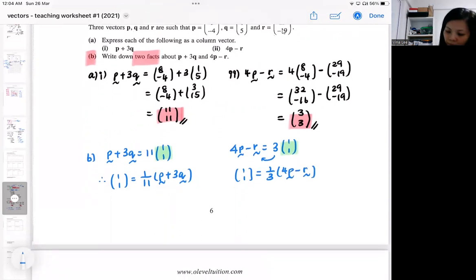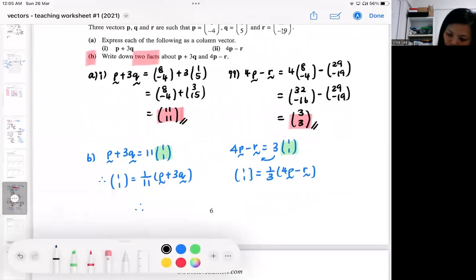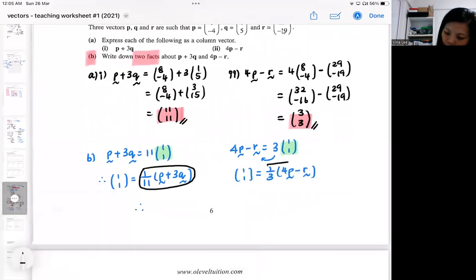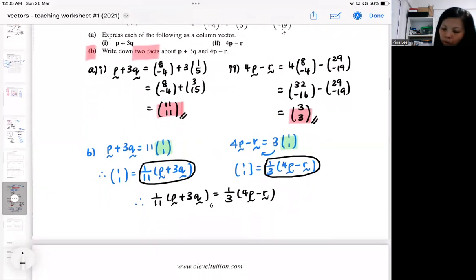Once I can do that, it means these two are the same. Therefore, 1 over 11 of P plus 3Q is the same as 1/3 of 4P minus R. You multiply 11 on both sides, and you will get something like this.